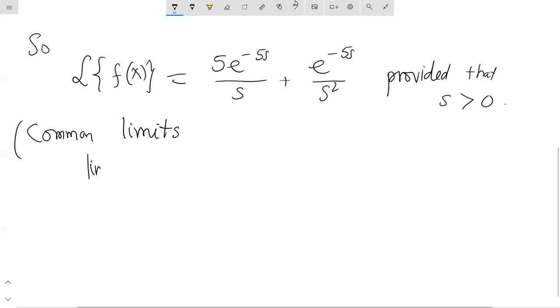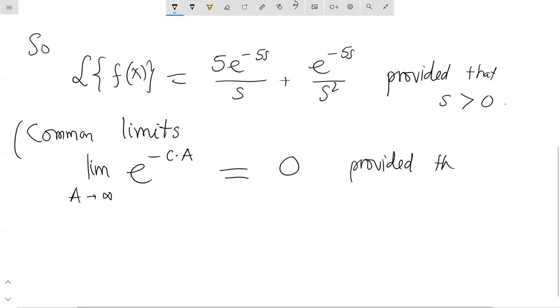The limit of e to the minus s times a as a goes to infinity. Let's see, instead of s, let me use something more general, c here, because sometimes the coefficient in front of a may not be exactly s, but is related to s. And this limit will be 0, provided that c is positive.